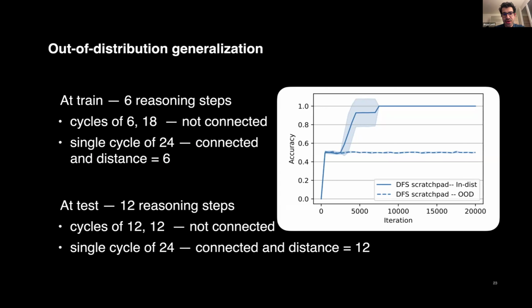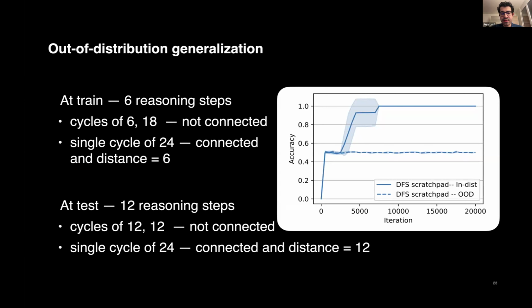During training, we have two sorts of samples. First are the samples of cycle sizes 6 and 18. In this case, the cycles are not connected, and the query node is always in the cycle of size 6. So it's in the smaller cycle.